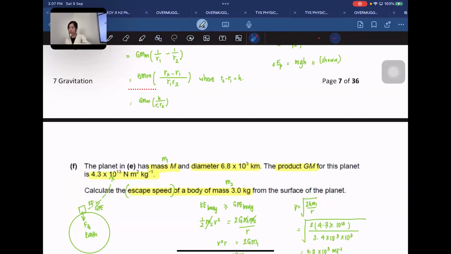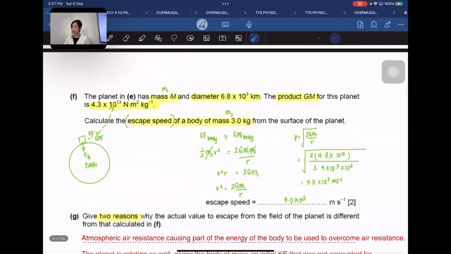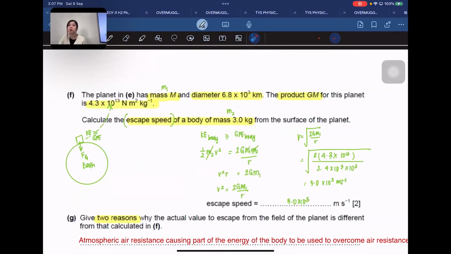And hence, comparing apple to apple, kinetic energy to energy, my KE needs to at least be equal to or greater than my GPE, so that I have enough energy to escape from the clutches of the gravitational field. You understand? So half mv squared would therefore be equivalent to GMm over r. That is the minimum.